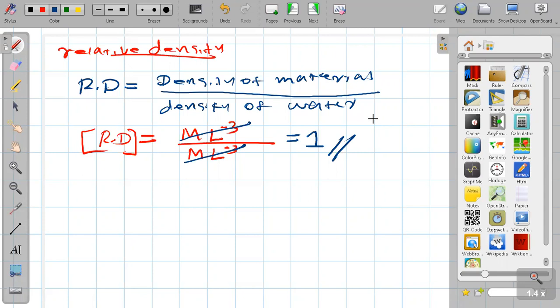And apart from this, numerical values and numerical constants like pi, and exponents.